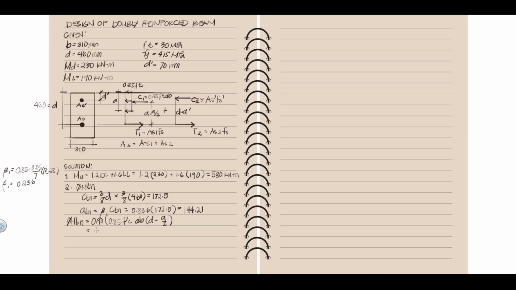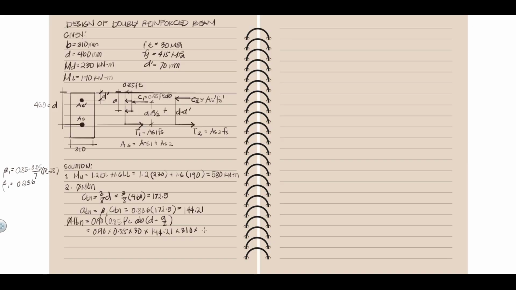So 0.90 times 0.85 times F prime C, 30, times A. The A we will use here is the ATN, 144.21, times B, which is given, 310.